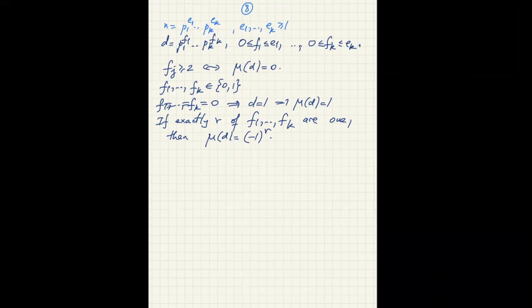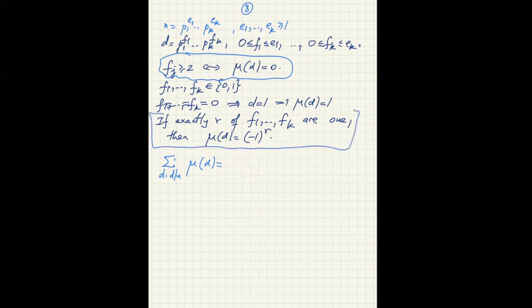So now, how do we get our result? We're looking for the summation over all d dividing n of mu of d. Now, all the ones that have an fj in them that's greater or equal to 2, we can throw them away, because in that case, mu of d is going to be 0. So in this summation, the only ones that count are the f's that are all between 0 and 1.